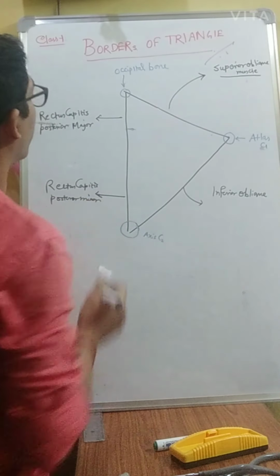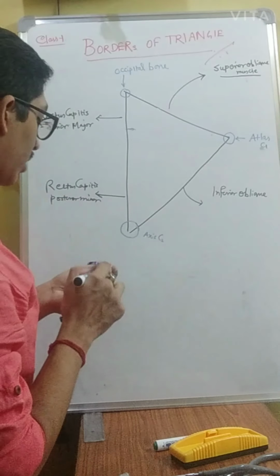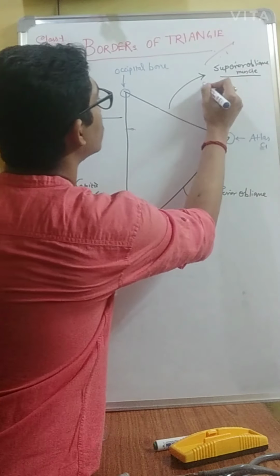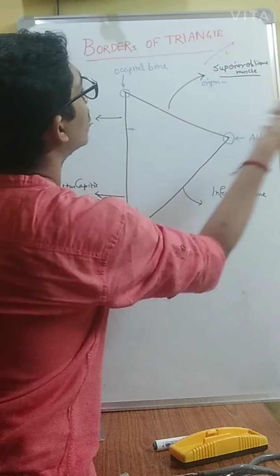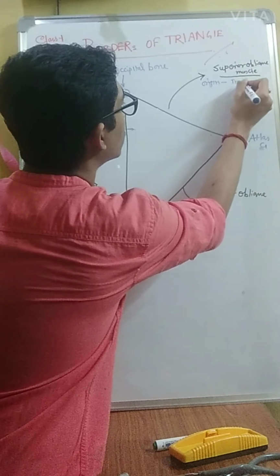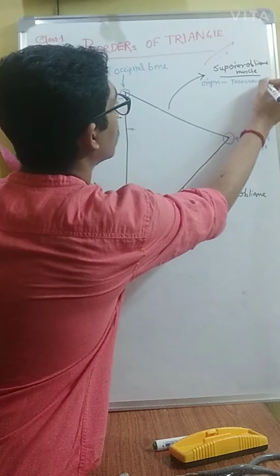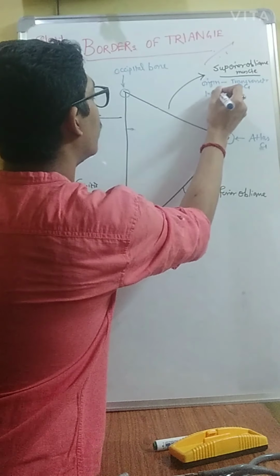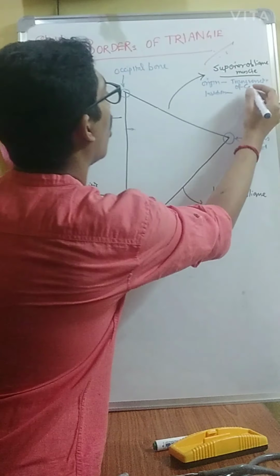What is the origin of this muscle? The origin of this muscle is the transverse process of C1, and the insertion will be the occipital bone.